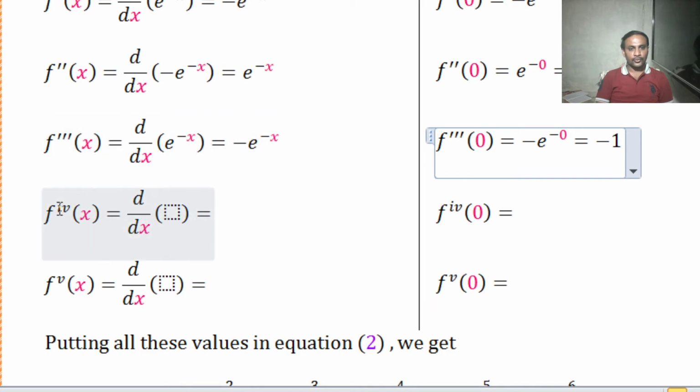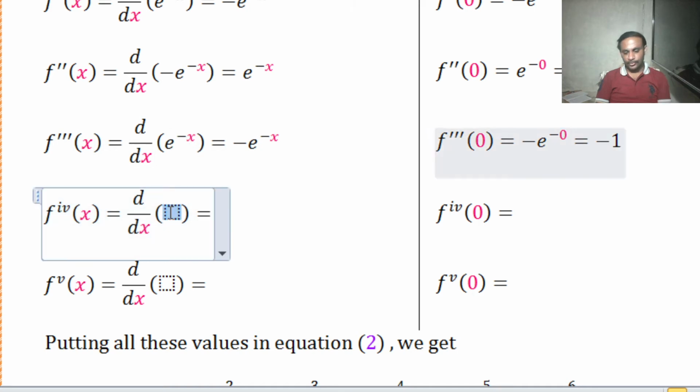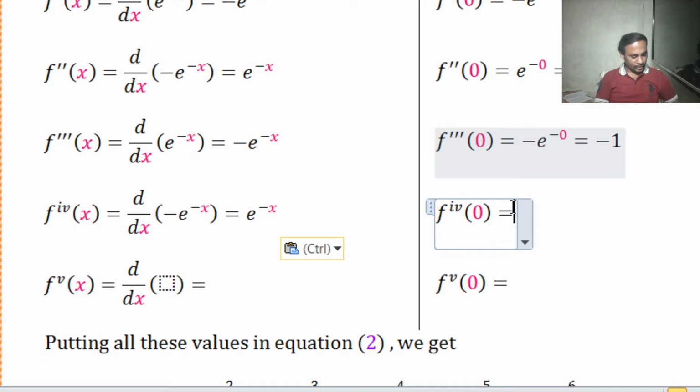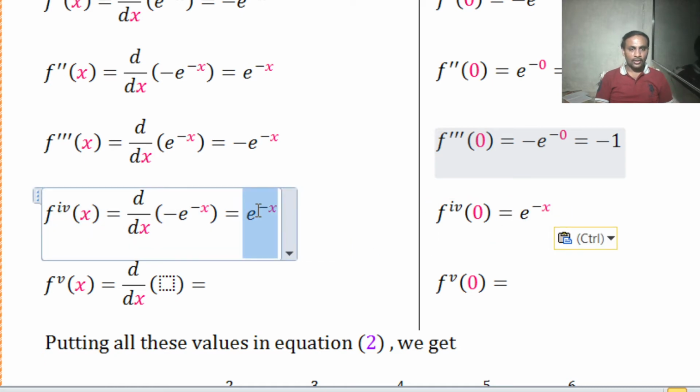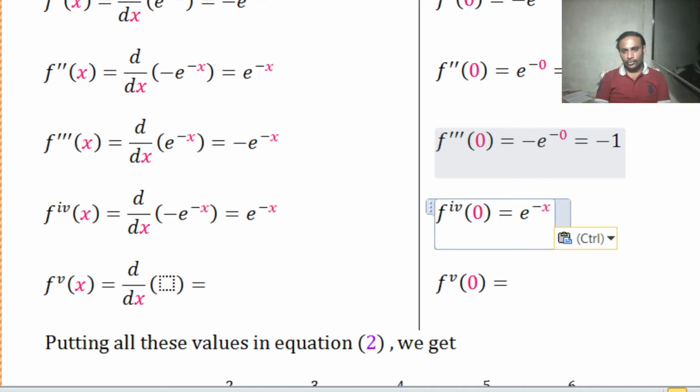If we take the derivative of minus of e raised to minus x, we get the fourth derivative, which is plus e raised to minus x, and after putting 0 in it we get e raised to minus 0, which is plus 1.